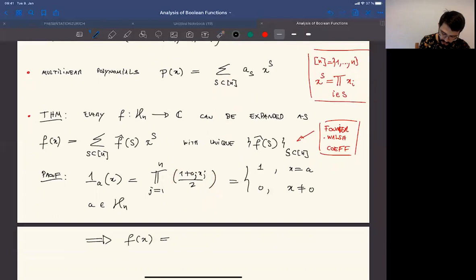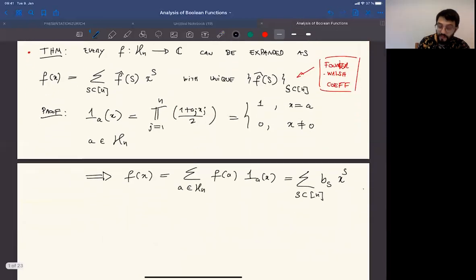And so then you can write your function like this. But these are multilinear polynomials, obviously. And therefore, this thing is a multilinear polynomial, so it can be written like this with some coefficients, let me say b_s, x to the s. And then it remains to show that these coefficients b_s are unique.